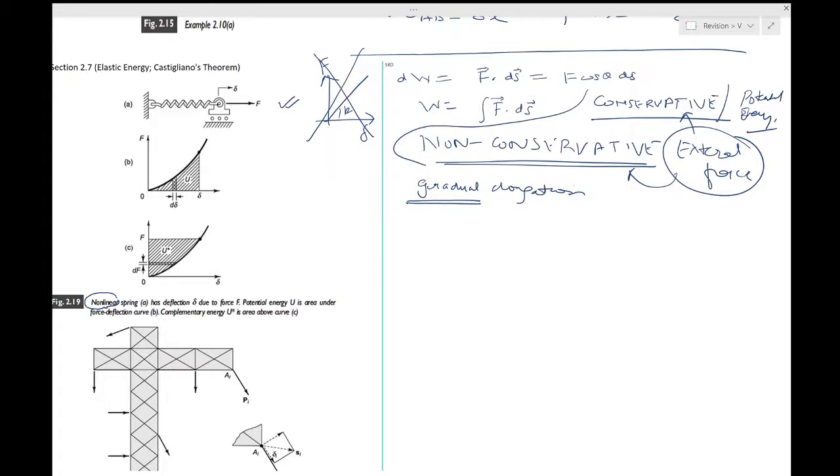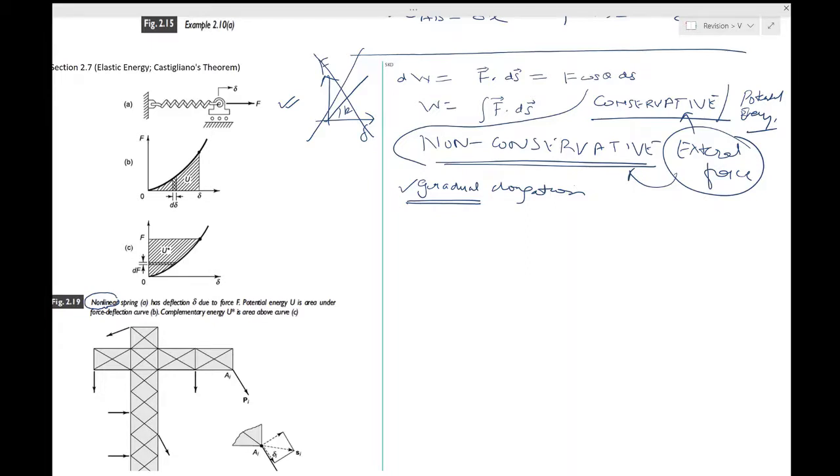So there is no acceleration at any stage. That's the meaning of this gradual elongation. And we did the same when we were trying to pull a material of length L and area A, and we drew a graph of force versus displacement over there.